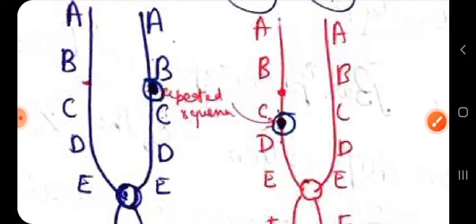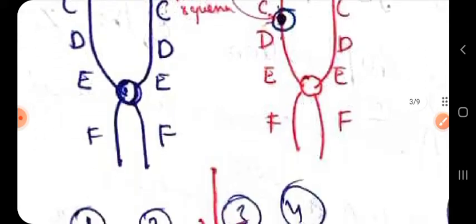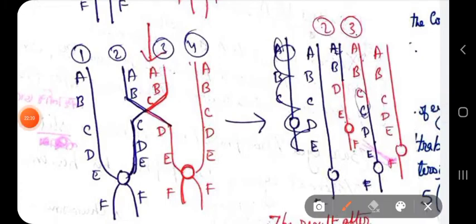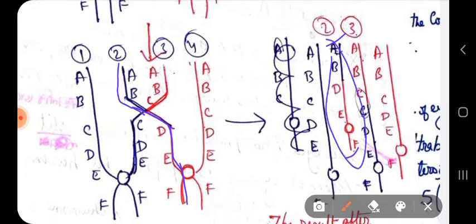That's why there will be a missing fragment containing the C sequence. So you can see here it becomes A, B, then comes D, E, F. So C is missing, whereas the additional C segment will be present on the third chromosome, which is involved.